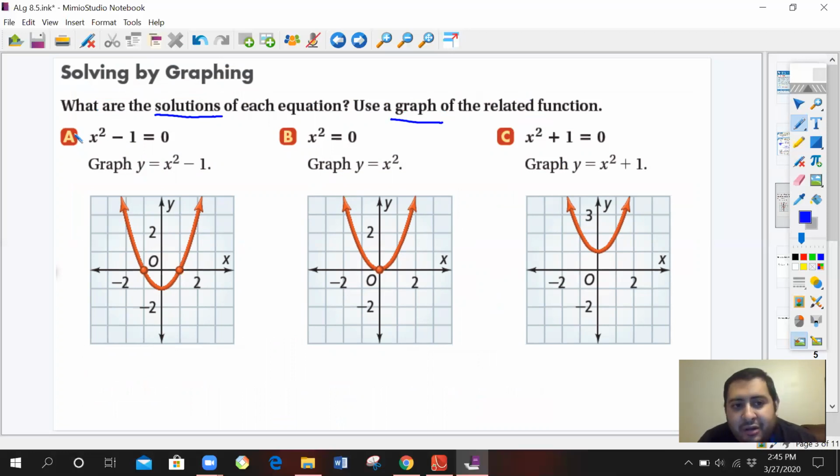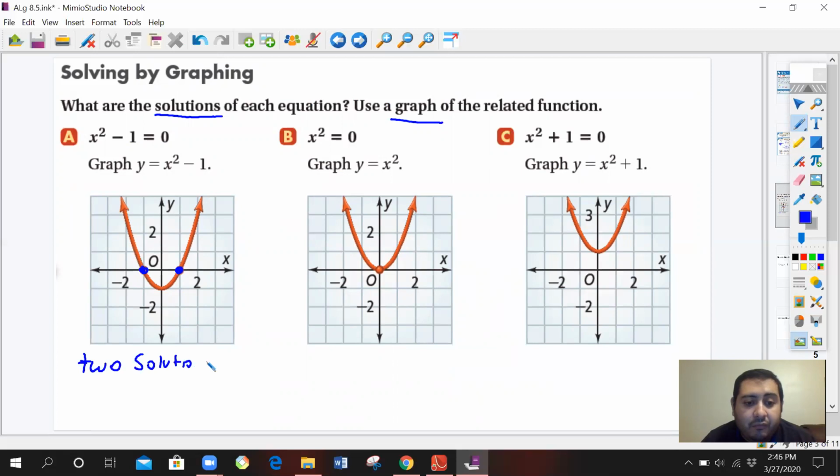For part A, x squared minus 1 equals 0, we graph the expression. Analyzing the graph, it crosses the x-axis at two locations. Since it crossed twice, there are two solutions.